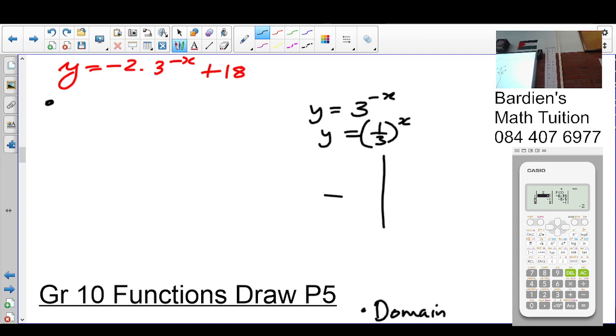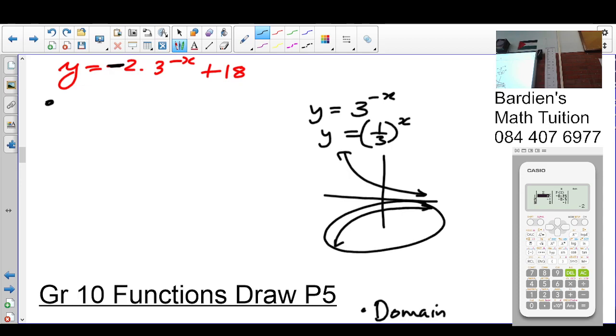Decreasing. But if it's reflected in the x-axis, then the graph would be increasing. So this is the shape of the graph I need to draw. And you have a horizontal asymptote at y is equal to 18.